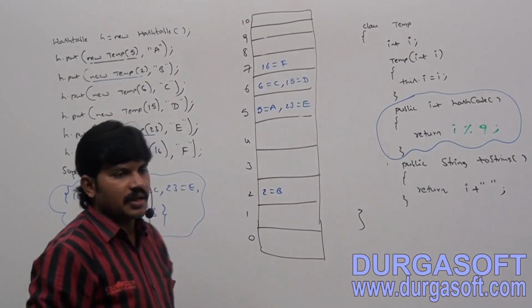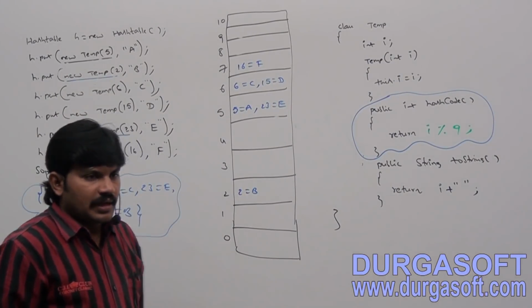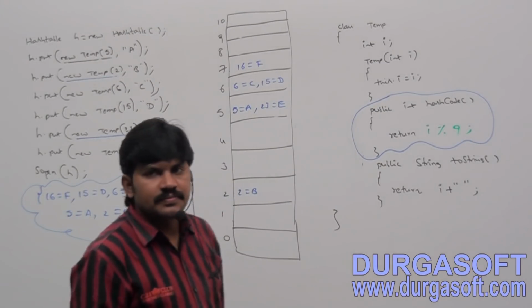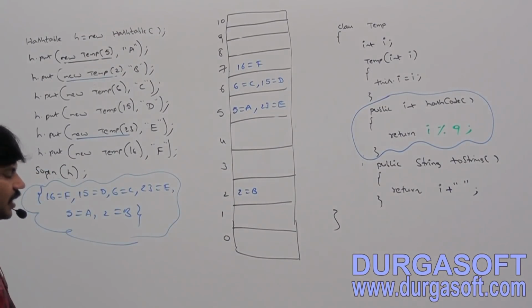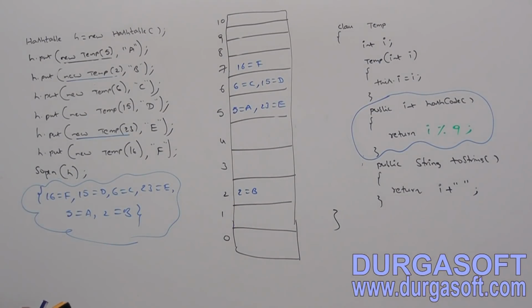Public int hashCode, return i % 9. Are you getting? Public int hashCode, return i % 9.